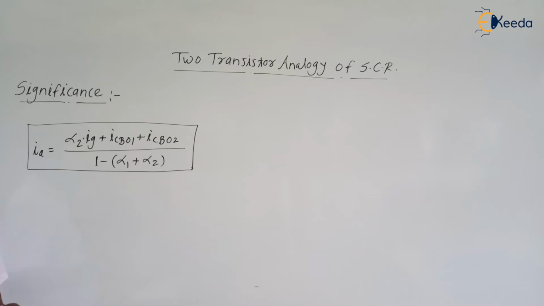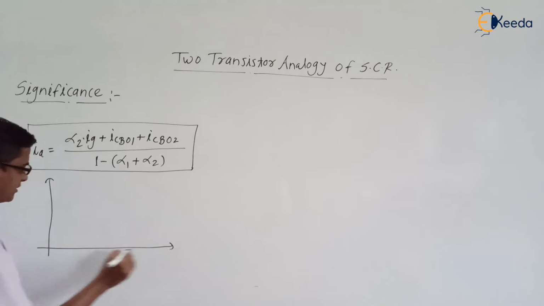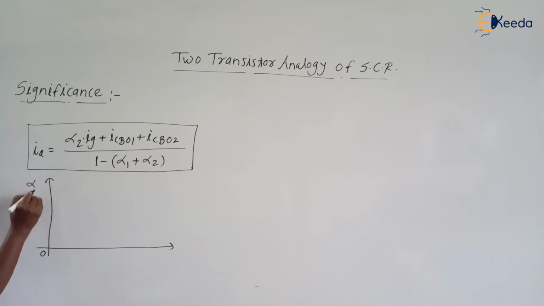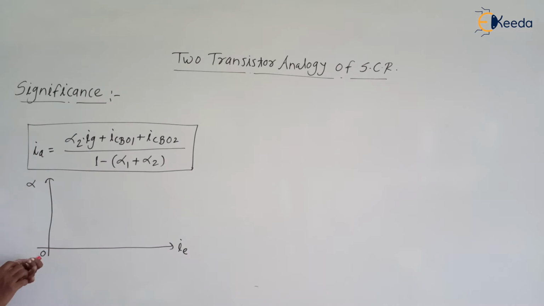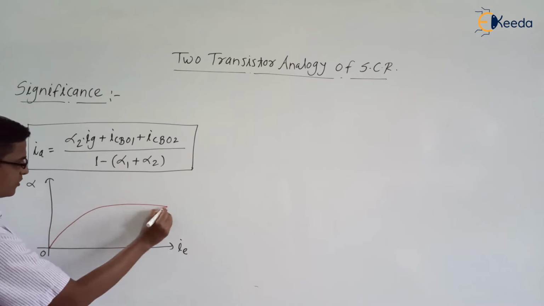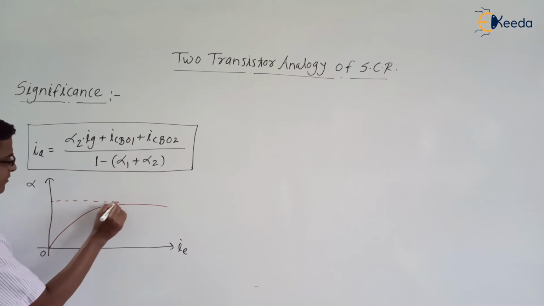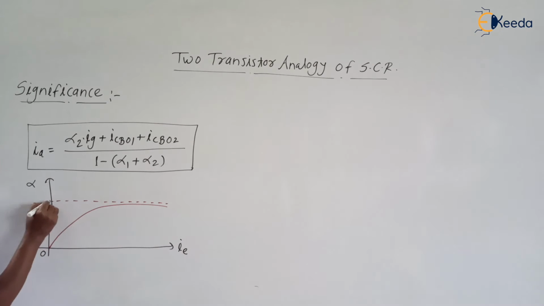Now, for any silicon transistor, we have a standard plot between emitter current IE and alpha, as shown here. The maximum value of alpha is 1.0.